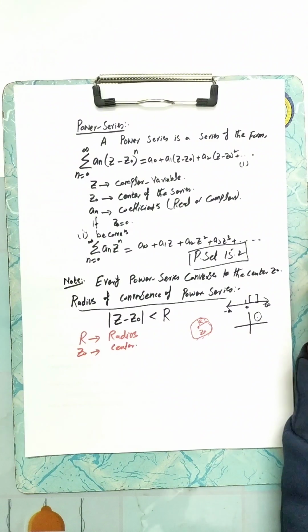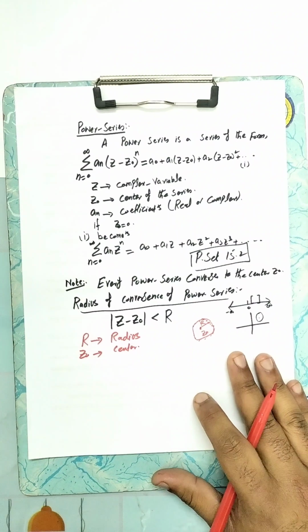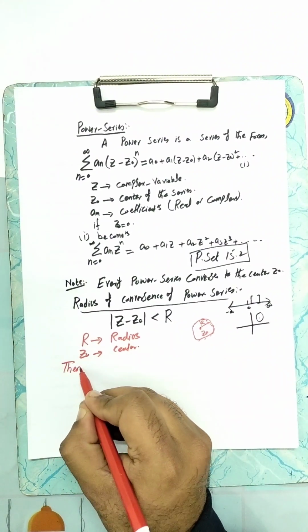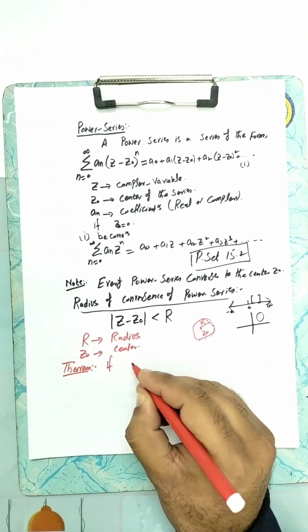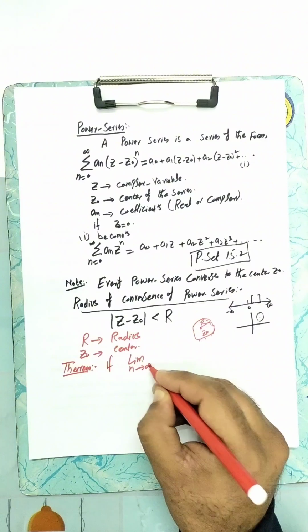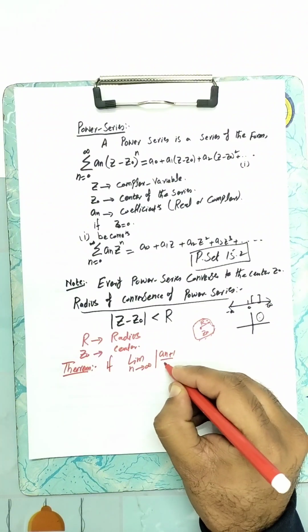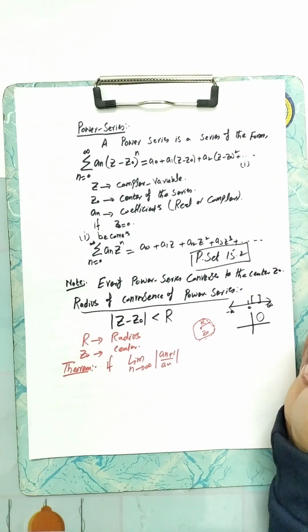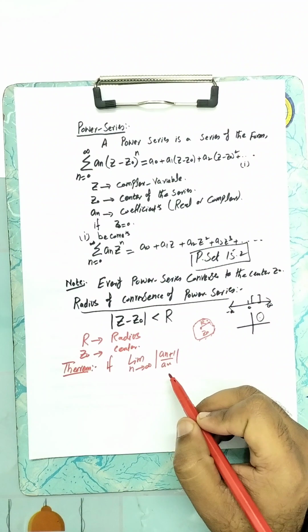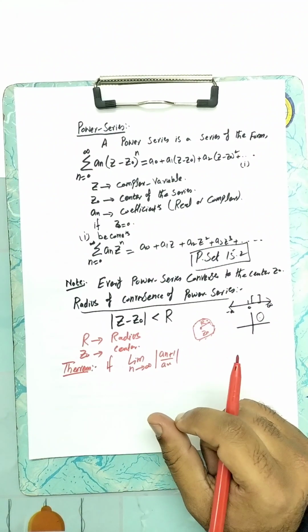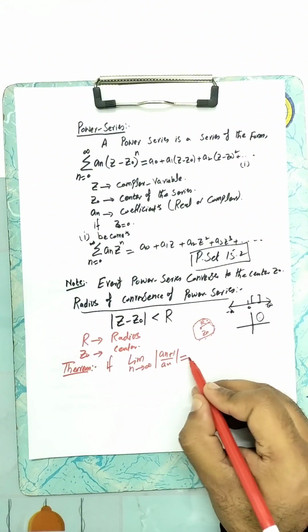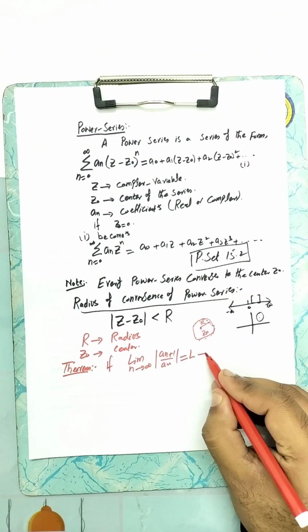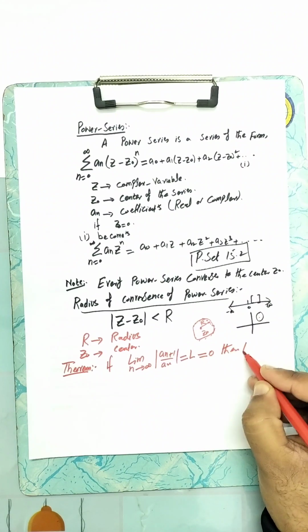So we have a theorem. The theorem is: if the limit as n approaches infinity, and we use the ratio test here, similar to the Cauchy ratio test that students studied in the previous semester, of |a_(n+1) over a_n| is equal to L, and this is equal to 0, then the radius is infinity.